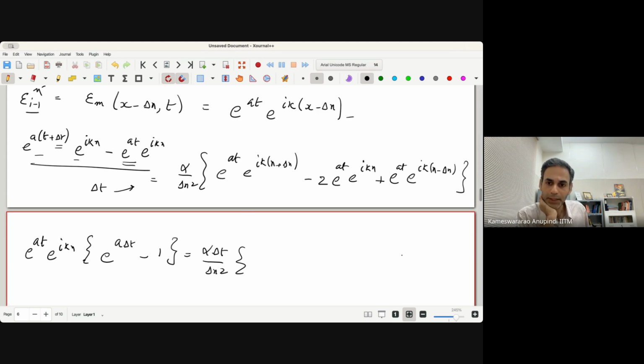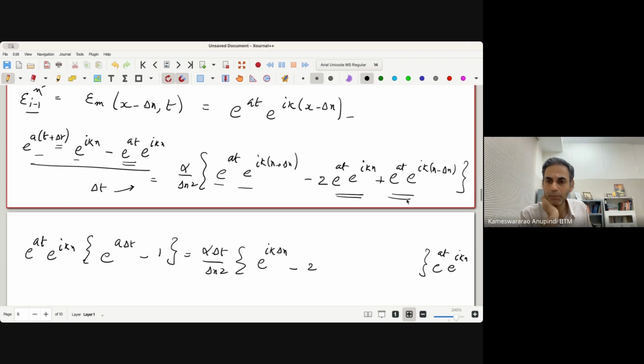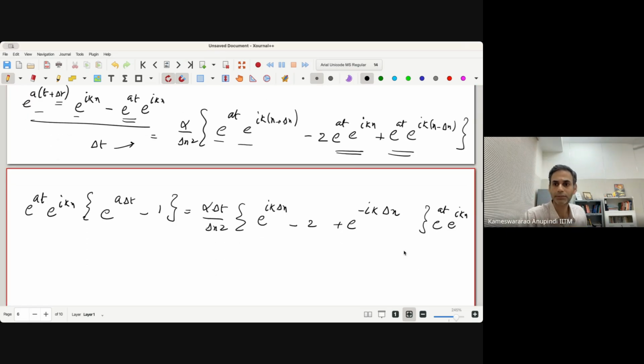Okay. And then I will take out e to the power a t times e to the power I k x as common. Here what remains in the first term is e to the power I k delta x, minus just 2, plus e to the power minus I k delta x. Okay, that's what remains.